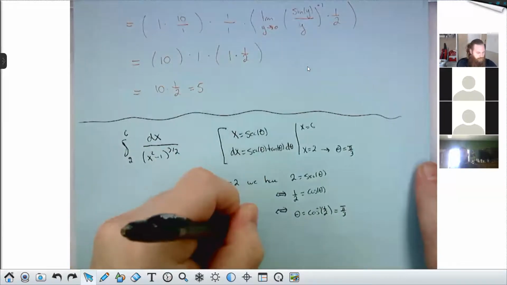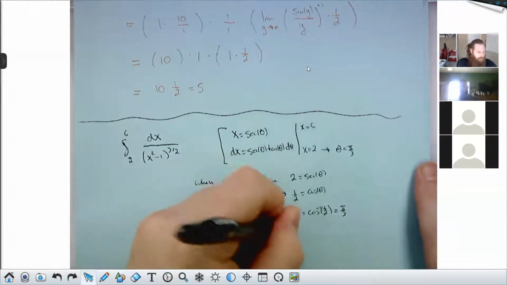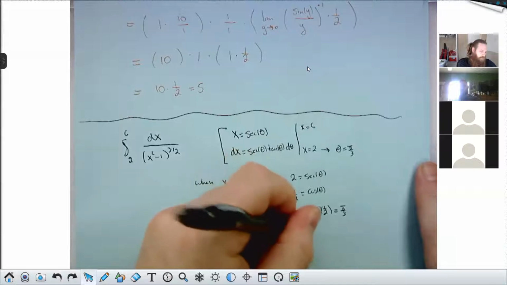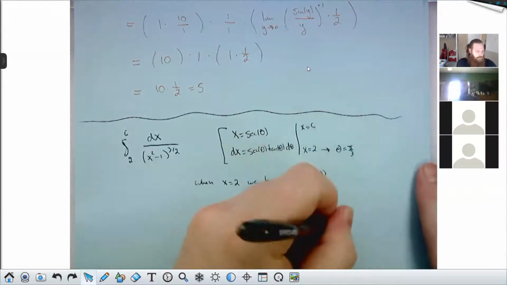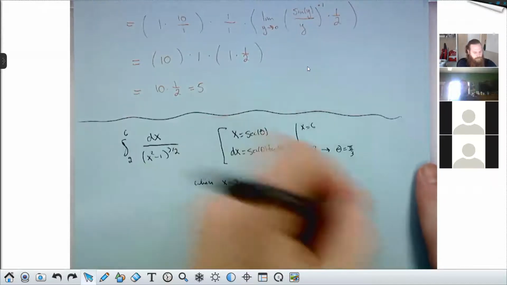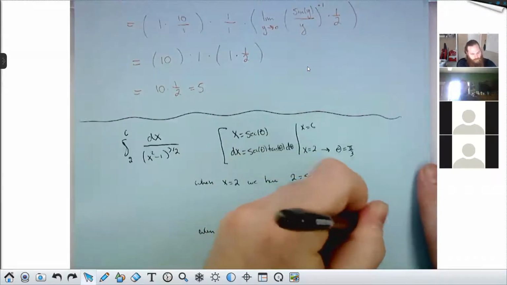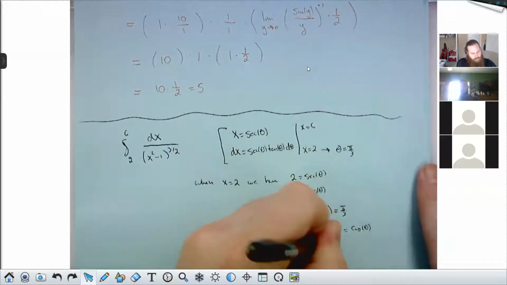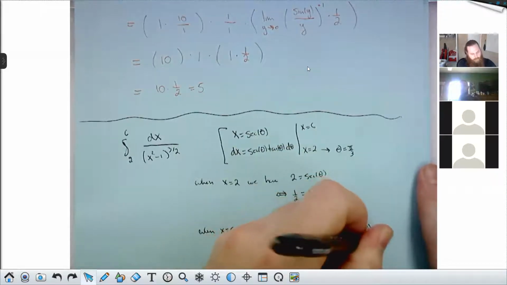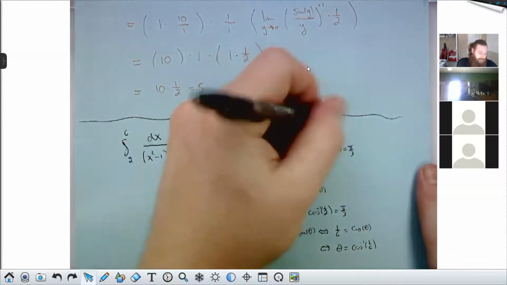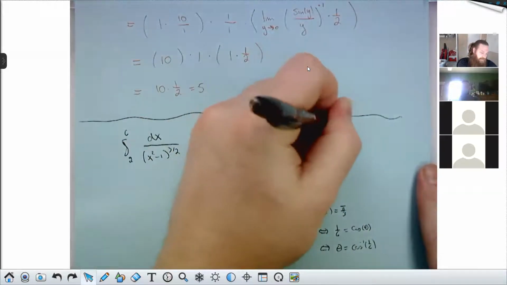When x is equal to 6, we have 6 equals secant theta, which is equivalent to saying 1/6 is equal to cos theta, which is equivalent to saying theta is the inverse cosine of 1/6. So we just have to leave it like that.